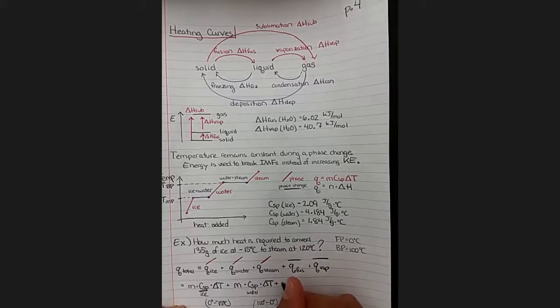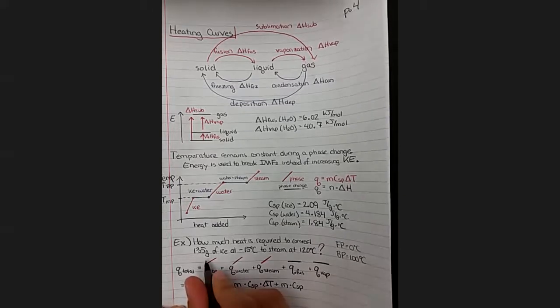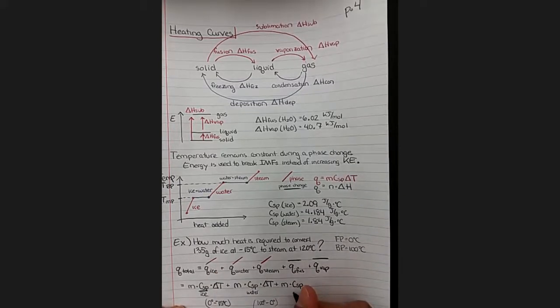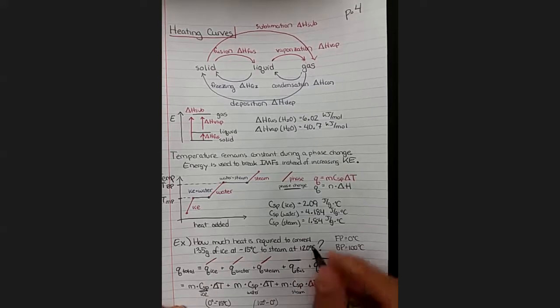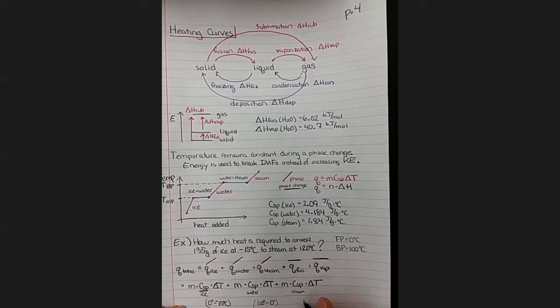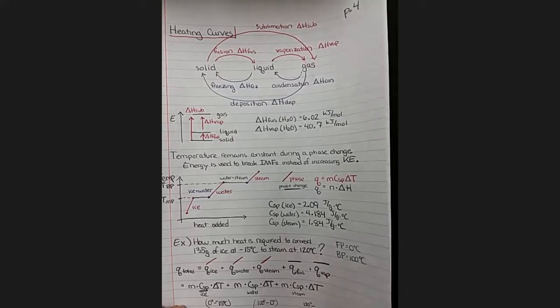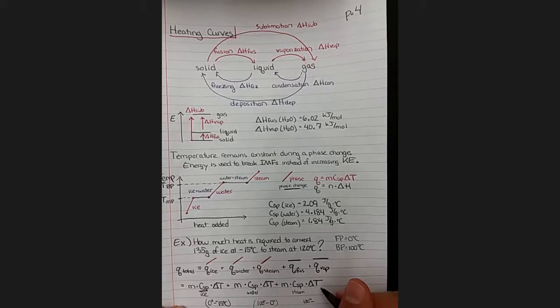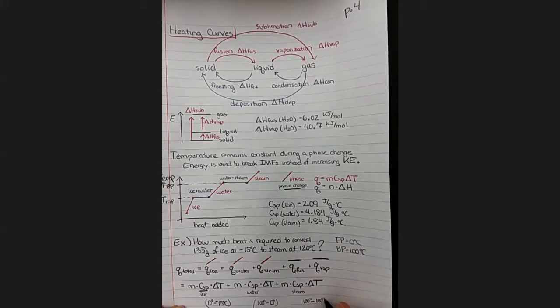We are going to have a piece for the steam. So the mass of the steam, which should be the same as the mass of the ice because none of it disappeared, the specific heat of the steam, and delta T of the steam. It finally ended up at 120 degrees, minus the lowest temperature where we had steam, which is the boiling point, 100 degrees.